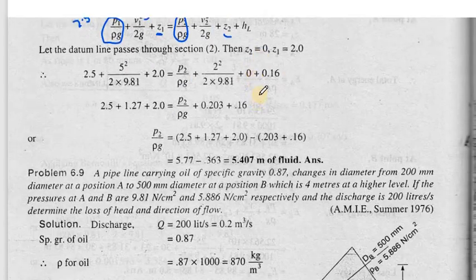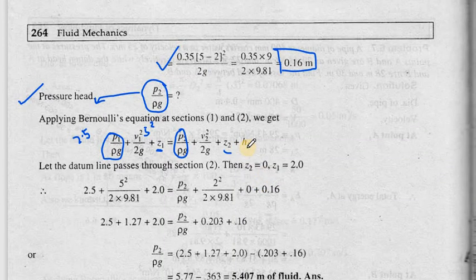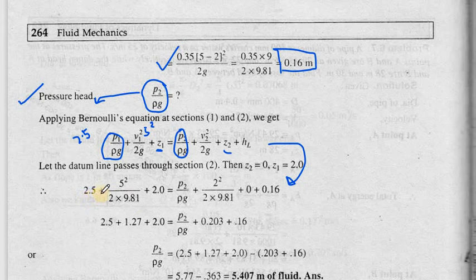And the loss of head we have calculated, it is 0.16. So finally, after putting in all these values, we get this equation: 2.5 plus 5 square by 2 into 9.81 plus 2 equals P2 by rho g plus 2 square by 2 into 9.81 plus 0 plus 0.16.